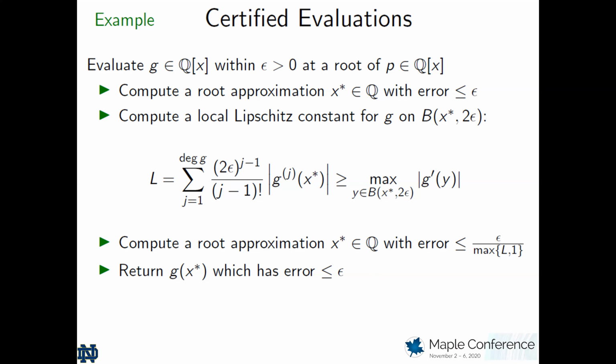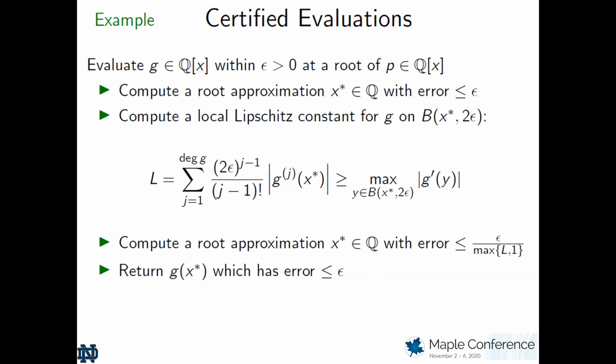And then we compute a local Lipschitz bound on the ball centered at x star of radius twice that. The way we do this is because we're going to need another approximation, and we take 2 epsilons so that we don't leave that bigger ball.